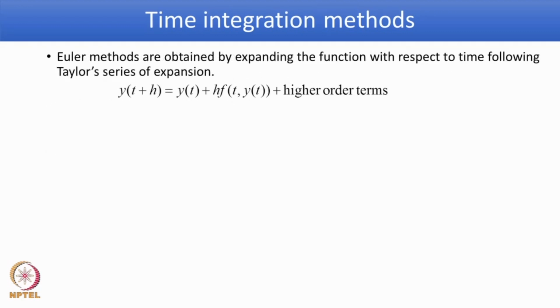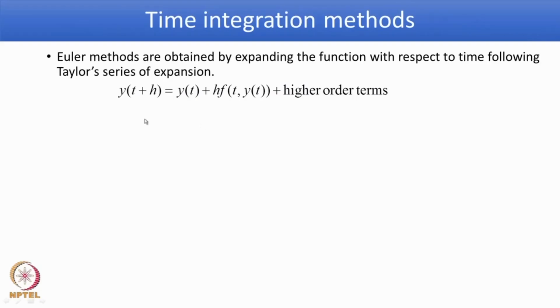How do you obtain all these Euler methods? We have already learned the Taylor series expansion. We used the Taylor series expansion to get any order of accuracy difference formula, and we explained it only for spatial derivatives. They are not restricted only to spatial; they are also used for time integration, and that is what you are seeing here.